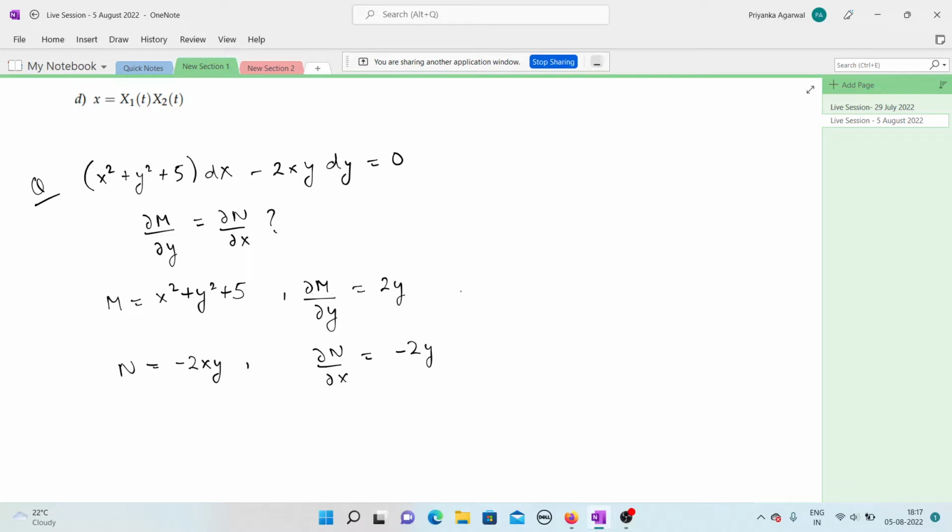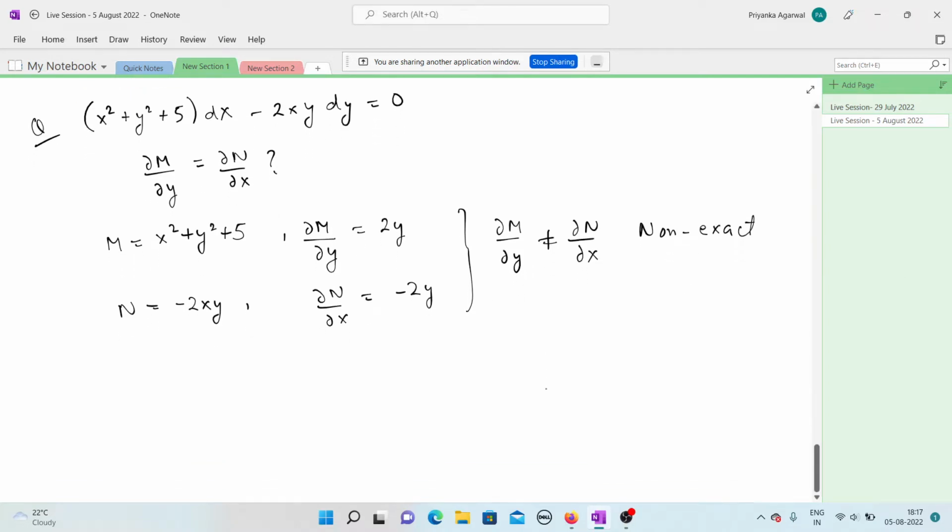So clearly from this, dou M over dou y is not equal to dou N over dou x. That means this differential equation is non-exact. Now how do we go about solving it? Would somebody like to respond?